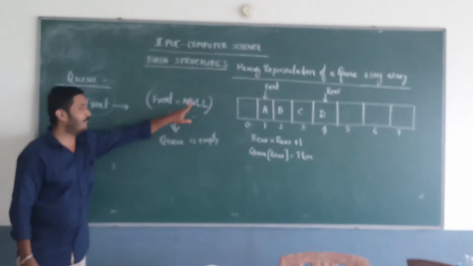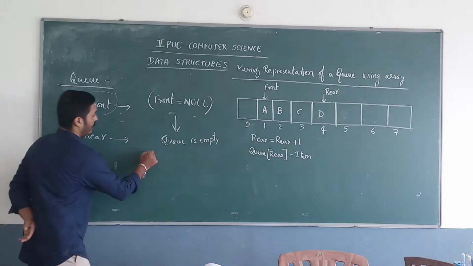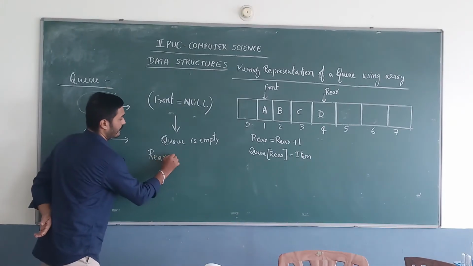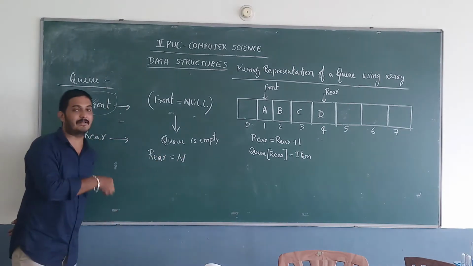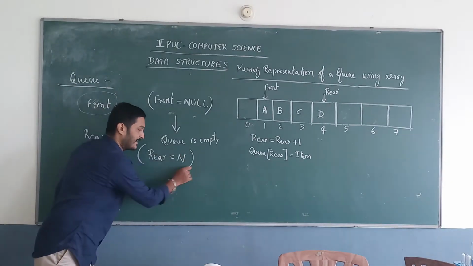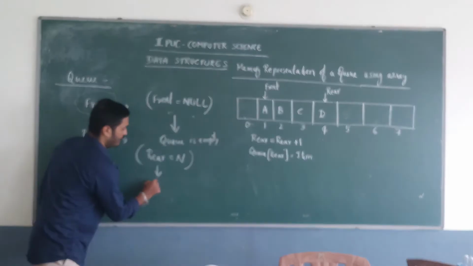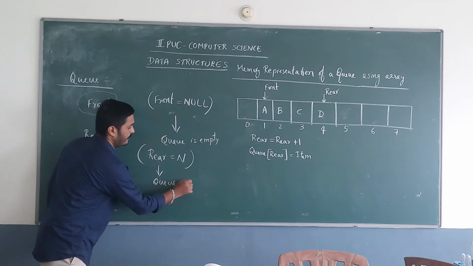If front equal to null, the Queue is empty. Then if rear equal to n, or you can take some other variable also, that is another condition, used to check overflow. Overflow means the Queue is full.